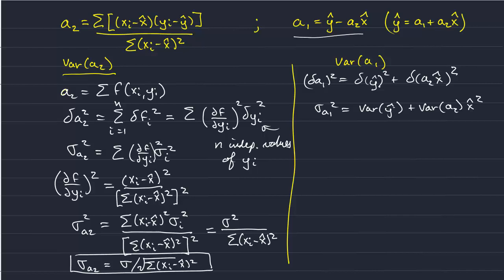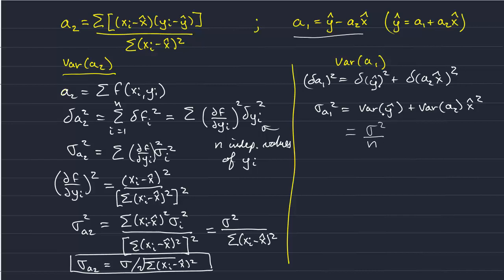So we measure our data values of y and we calculate the mean. The variance of that is only due to the dispersion or the variation about the true linear trend. So that variance is simply sigma squared divided by n.